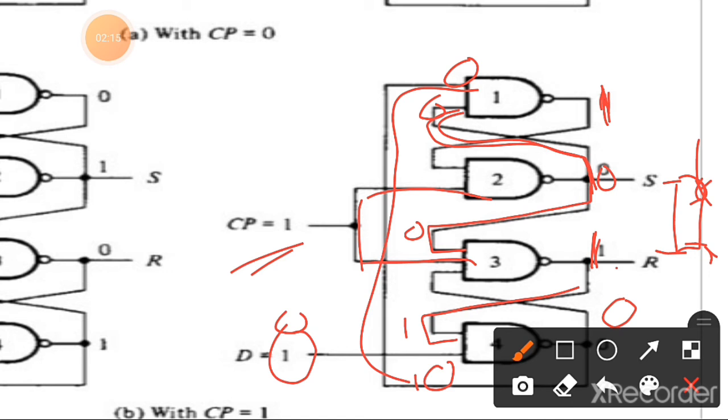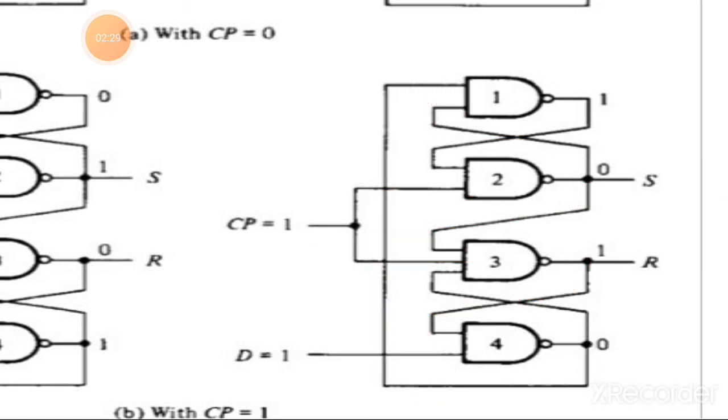Here it becomes 1. Gate 4 becomes 1, since if any one of the inputs of a NAND gate is 0, the output becomes 1. This 1 goes to the input of gate 1.